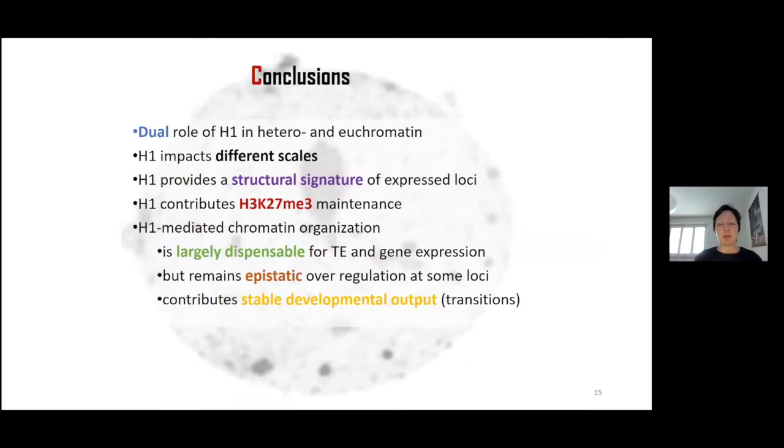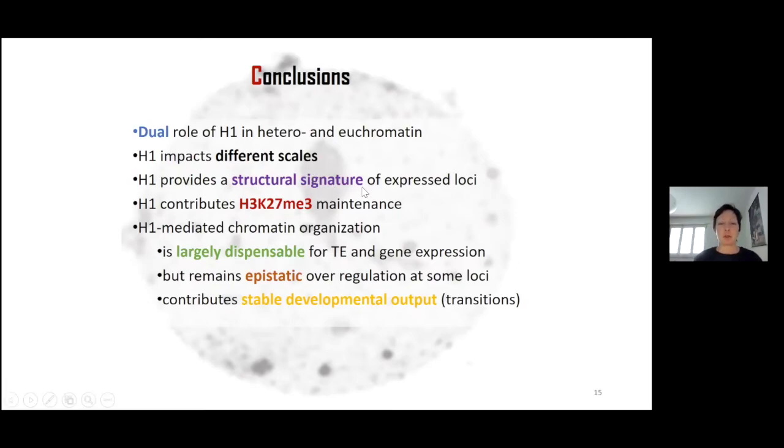So in conclusion, I have shown you that H1 doesn't have a simple repressive and structural role in plants. It was not only our work, but the work of several other groups, which I've mentioned during the talk. Definitely H1 has a dual role in hetero and euchromatin. It acts at different scales, from the nucleosomal scale up to the heterochromatin domain scale.